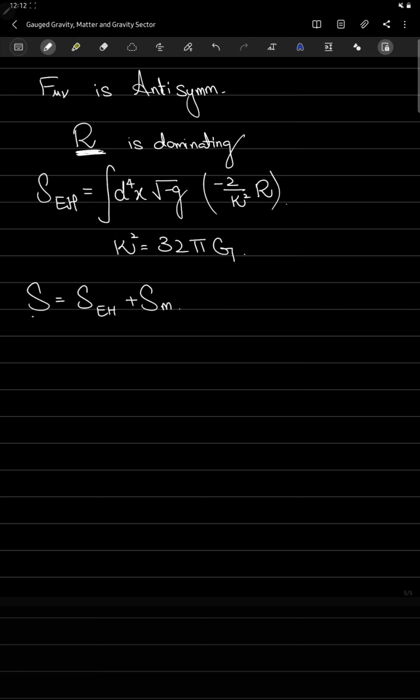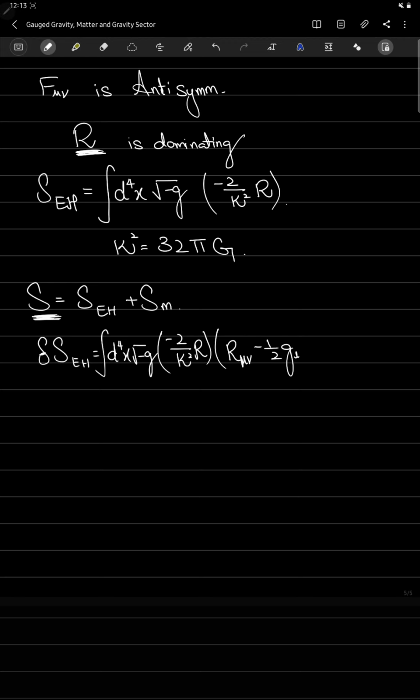Now, if I vary this total action S with respect to g mu nu, I'll get something like the integral of d4x square root of minus g times minus 2 over kappa squared R times something very interesting, which is R mu nu minus 1 by 2 g mu nu R. And of course, if I do this, the g mu nu I can bring over here, so let me get rid of this very quickly.